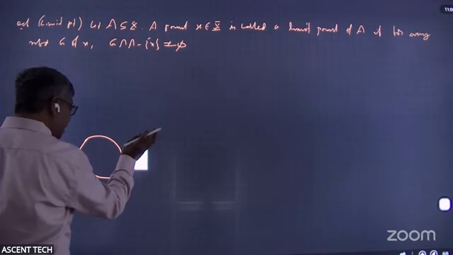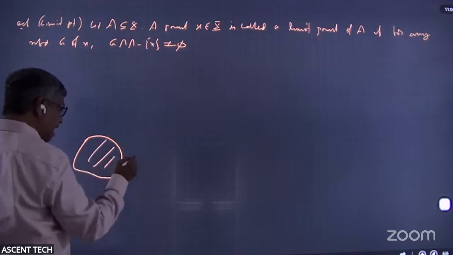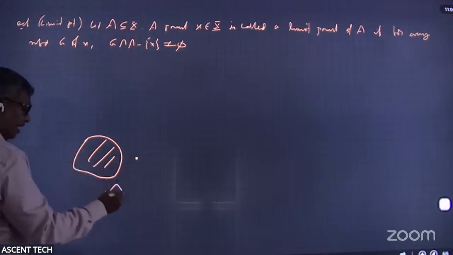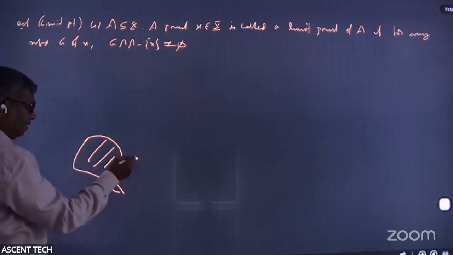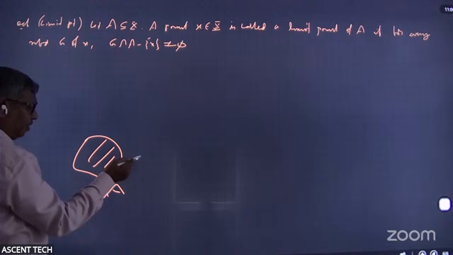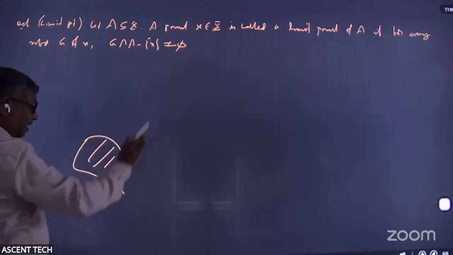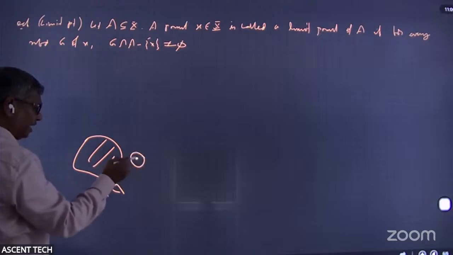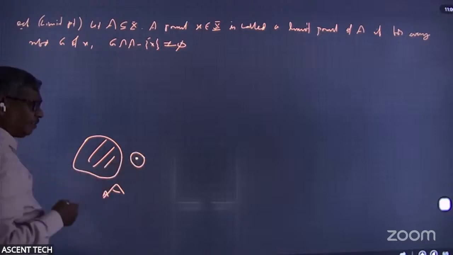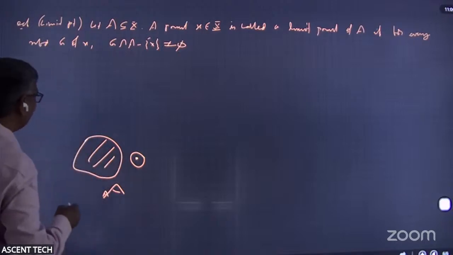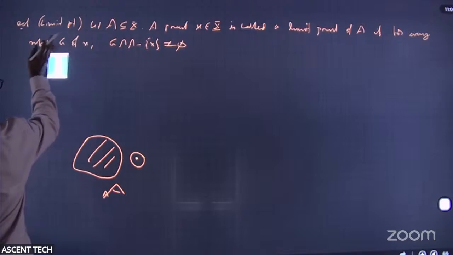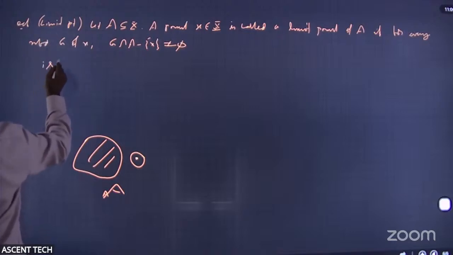Suppose all these things together is A. It has a neighborhood in the complex plane, that means an open set that contains that point, whose intersection with A is just that point. That is when I say that point is an isolated point. That is the definition of an isolated point.